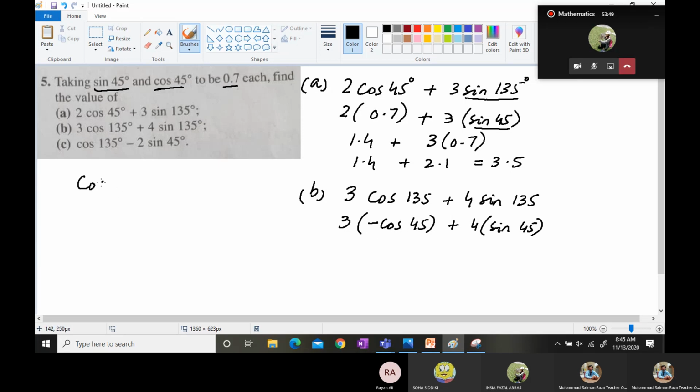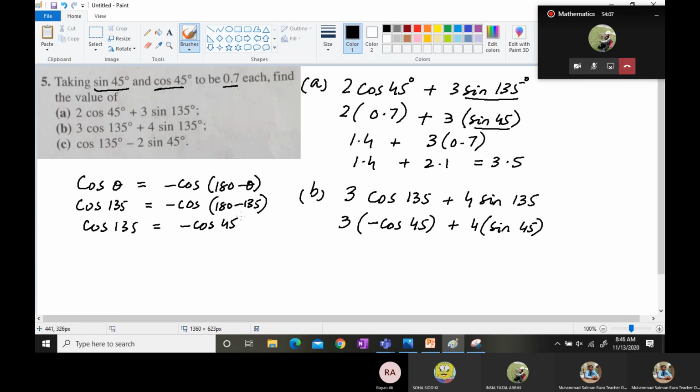Because you know that the formula is cos theta equals minus cos (180 minus theta). And when you put cos 135 over here, cos 135 is minus cos 45 degrees. So that's why I asked you to be very careful.